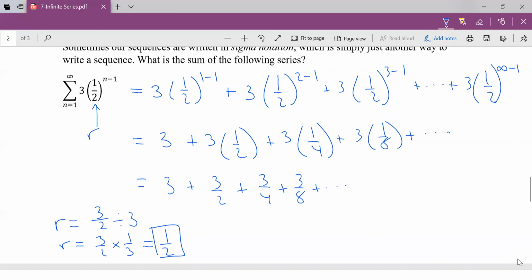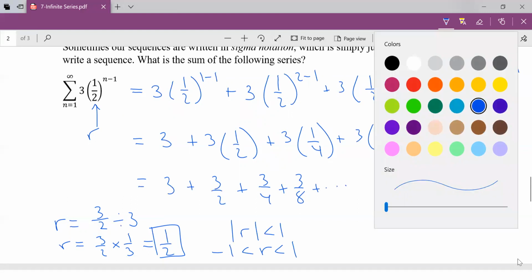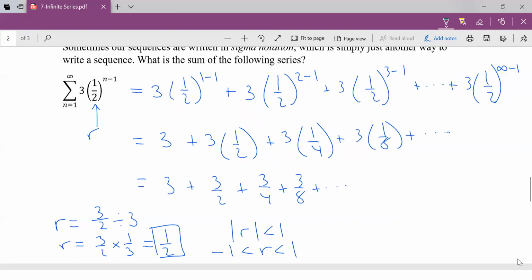So now that I know that the ratio is smaller than 1, and when I say that, I should be really, really specific here. The absolute value of r is less than 1, which means my ratio is between -1 and 1, because we can have a ratio of -1 as well. Ratios that are negative. So what's the sum of this bad boy?